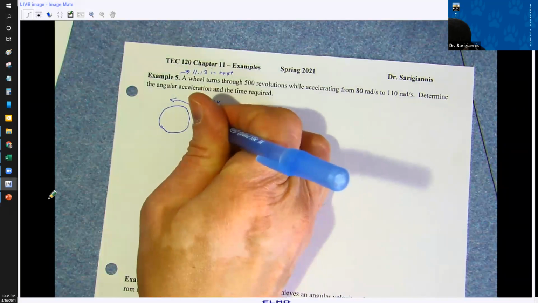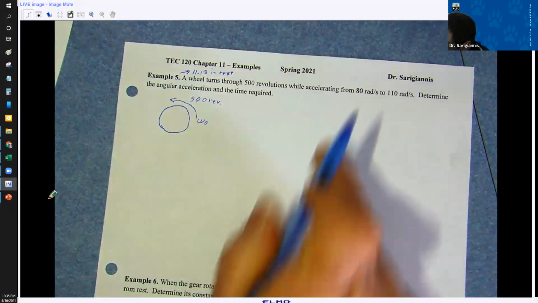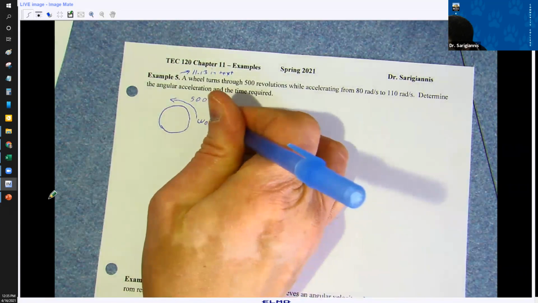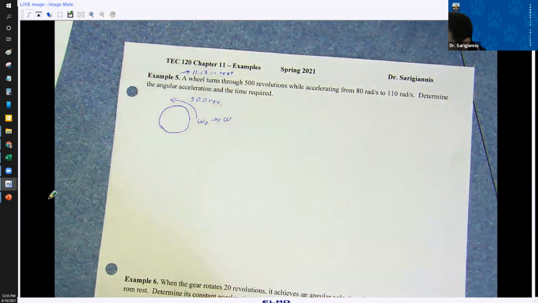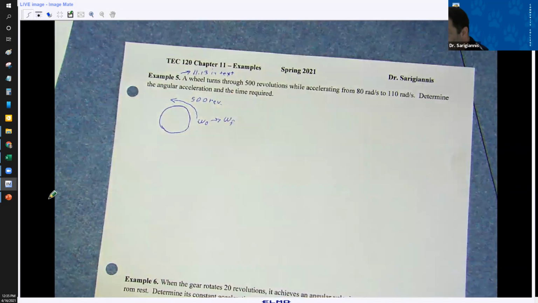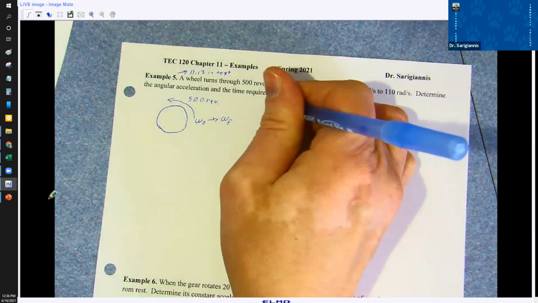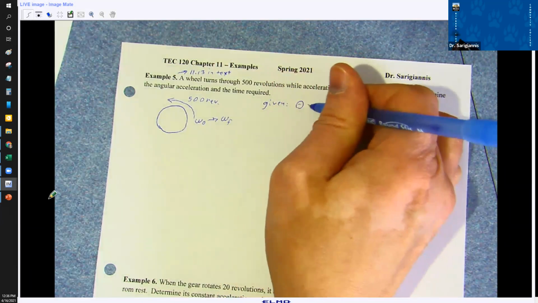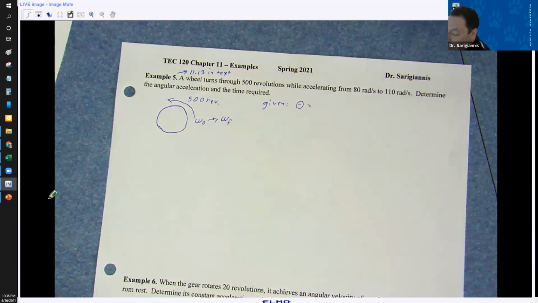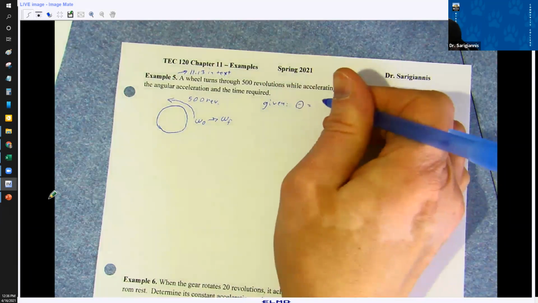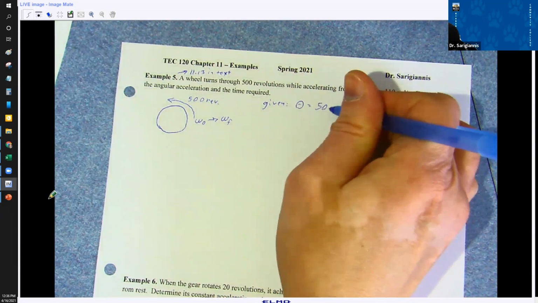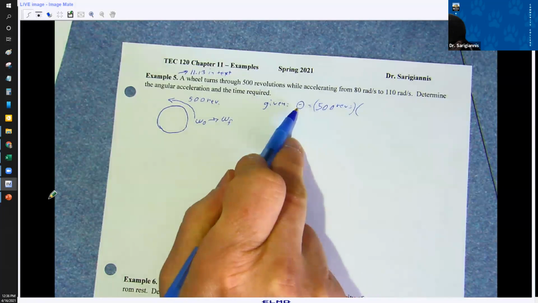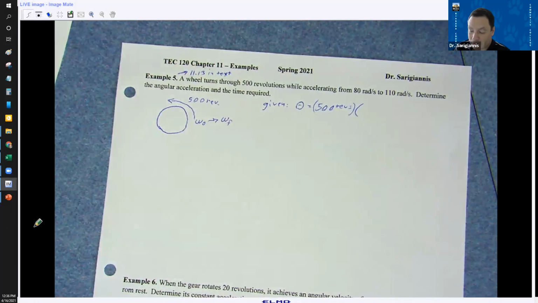It starts off at omega naught, 80 radians per second, and it ends at 110 radians per second. I'm going to use a little f here for final. So we're given a few things. Theta needs to be in radians. It's 500 revs. That's the displacement.